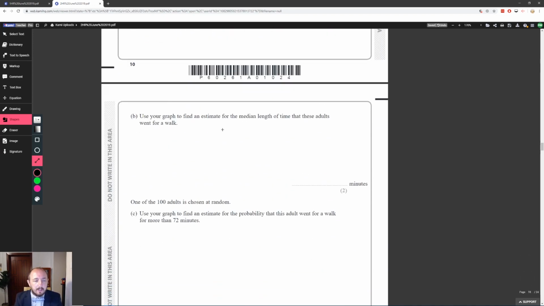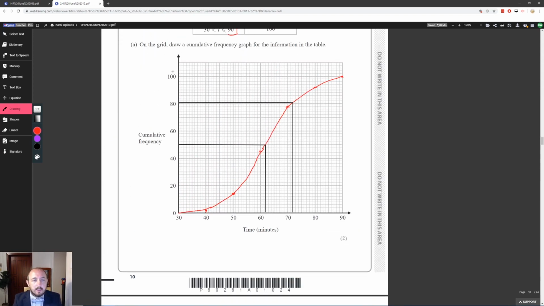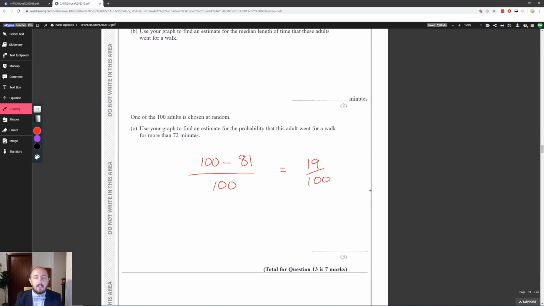So as a probability, we're saying that 81 people are less than 72, so we need to subtract that from 100 to get the number that's more than 72. So 100 minus 81 over 100 would give you 19 hundredths as a probability.